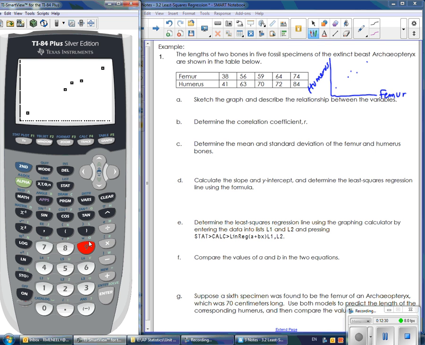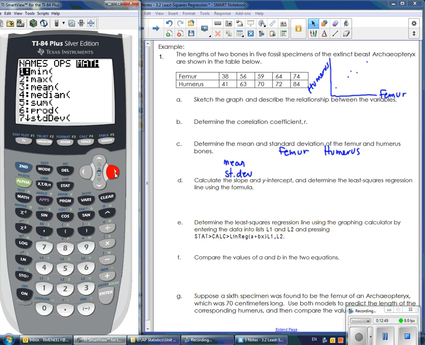So I'm going to create a little table here where I have my mean and my standard deviation. And we're going to have to calculate the mean and standard deviation of both the femur and the humerus. Okay, and so if I go back to my home screen, I'm going to go ahead and calculate the mean of my femur.